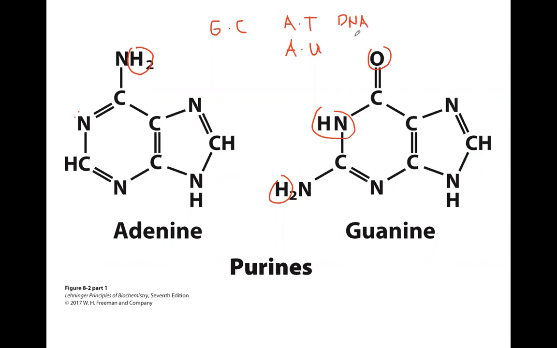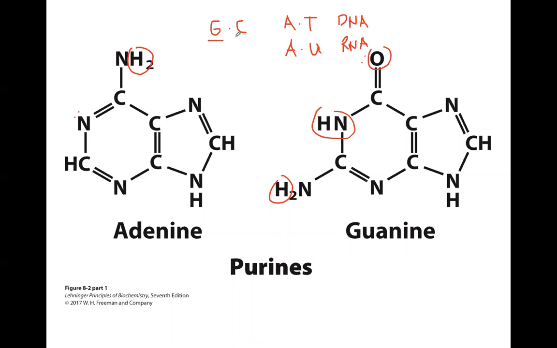DNA and RNA. And the way to remember that is, again, guanine can do 3 hydrogen bonding. You can see there's a hydrogen bond acceptor, lone pair, hydrogen bond donor. So 2 hydrogen bond donors, 1 hydrogen bond acceptor.